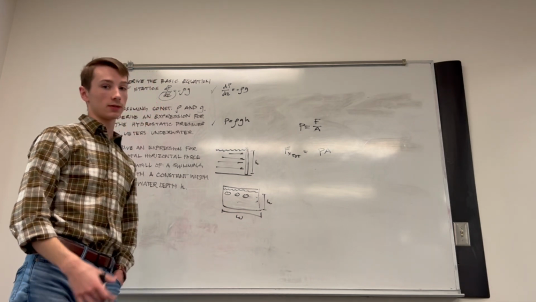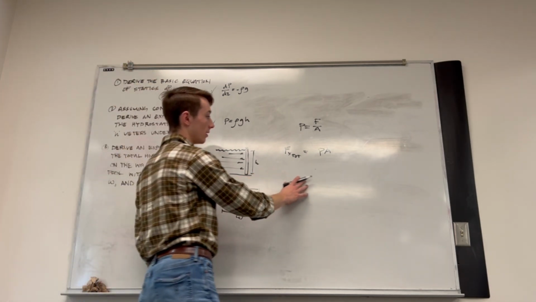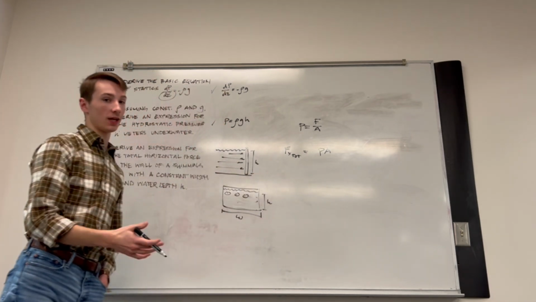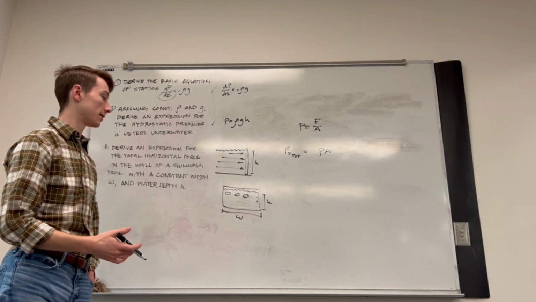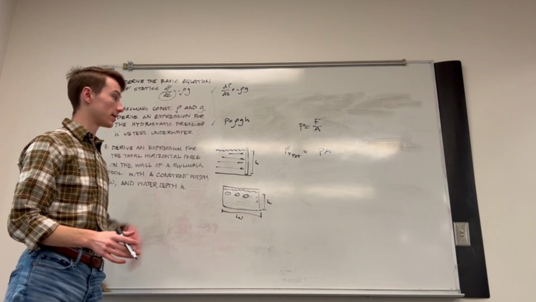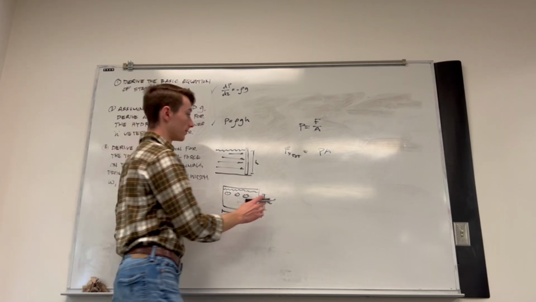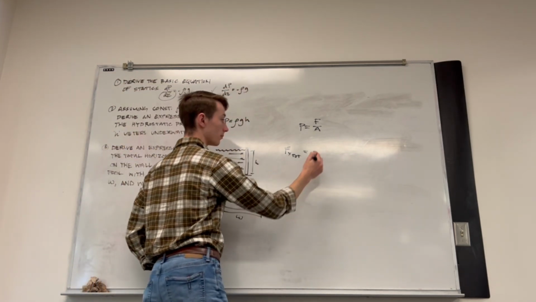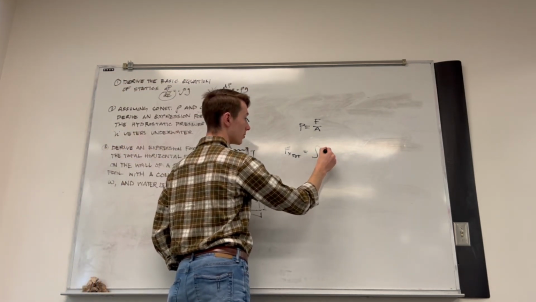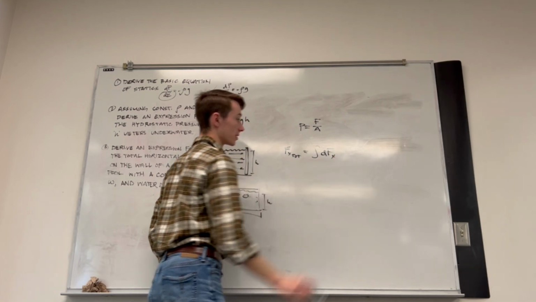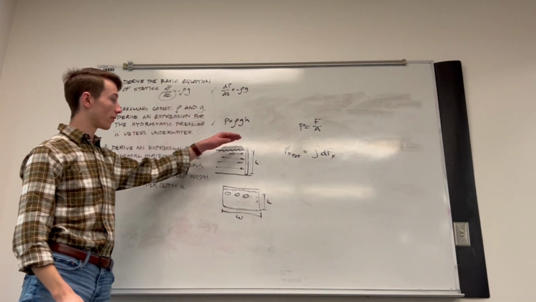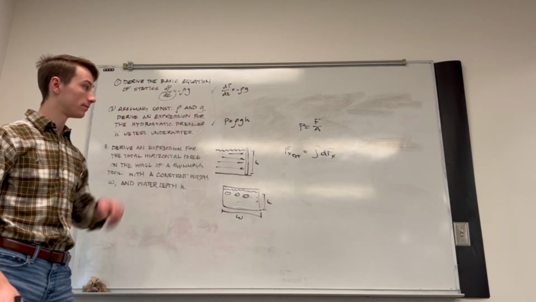All right, now there's a few things wrong here. Now, we have to deal with the change in pressure. The area is constant, obviously, but it's easier to write this as an integral expression. So we need to add up all the forces in the x direction from the top all the way to the bottom.